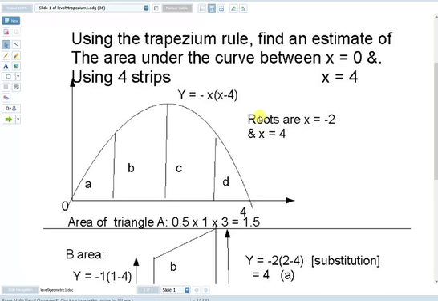In this case the equation of the curve is y equals minus x times (x minus 4). So this is our negative quadratic, and the two roots are 0 and 4.